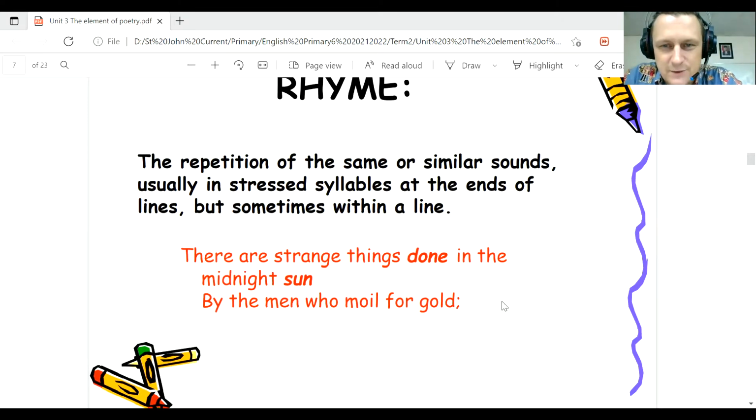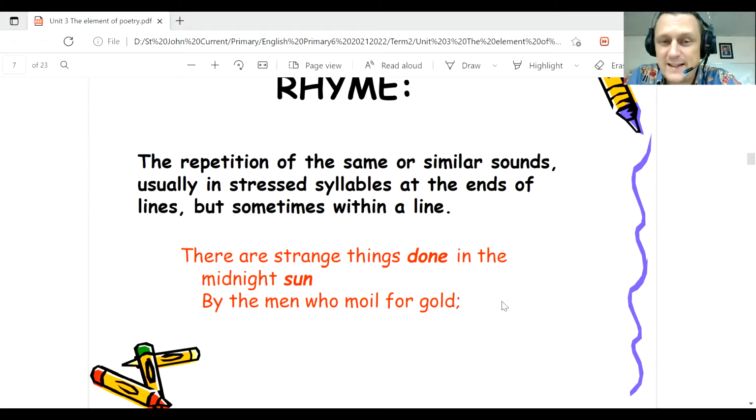Repetition of the same sound, usually at the end. Be careful, and be careful also for any kind of test that we might have, because it might come back. Because a rhyme can be at the end, it can be at the middle, and it can be at the beginning. So they don't always have to be at the end, okay?